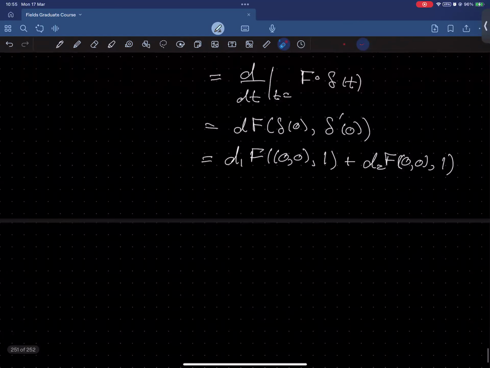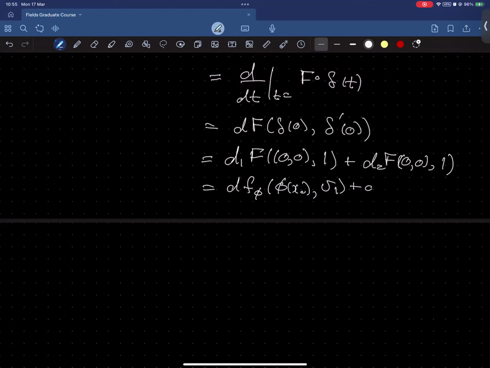So what you get here is d f phi at F of 0, 0, but F at 0, 0 is phi of x naught, applied to v1, plus d f phi at phi of x naught applied to v2.